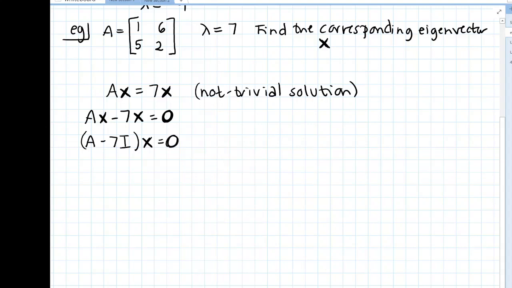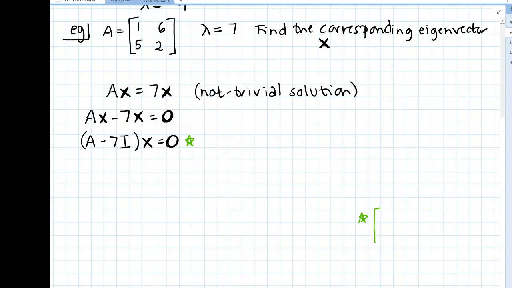And then I will go down to the corner somewhere off to the side and convince you that this is true. So let me just draw a star here. And let's go down here and see why that is. So if we look at the previous line, the previous line is A times a vector x minus 7 times a vector x.